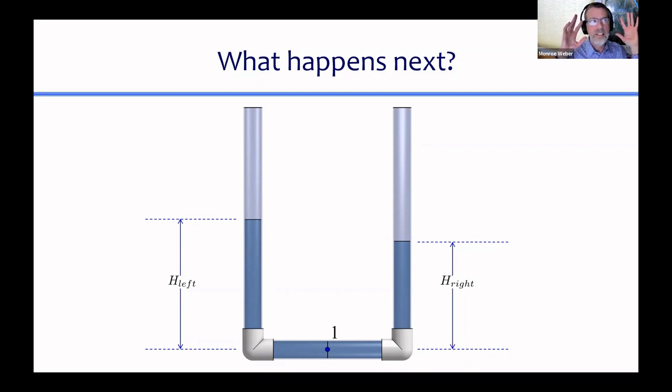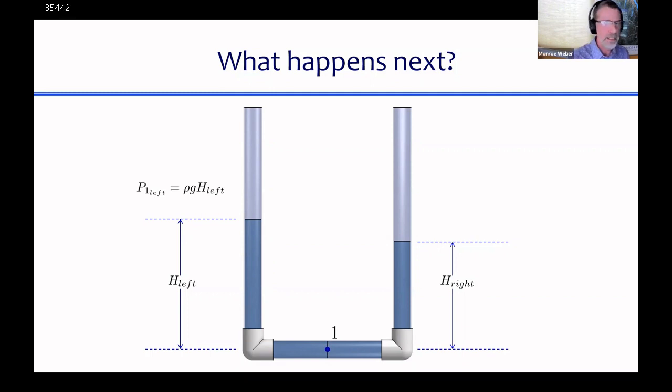And let's just suppose that I also took a measurement and the velocity right at this moment was 0. This is possible. What happens next? They're going to even out: the one on the left is going to go down and the one on the right is going to go up. And why does this happen?